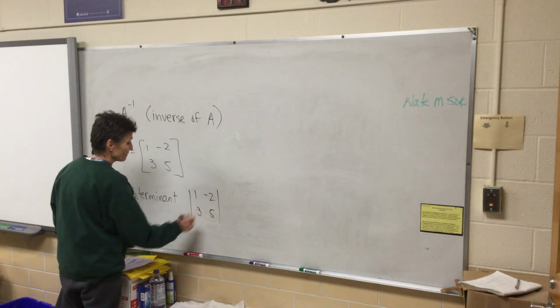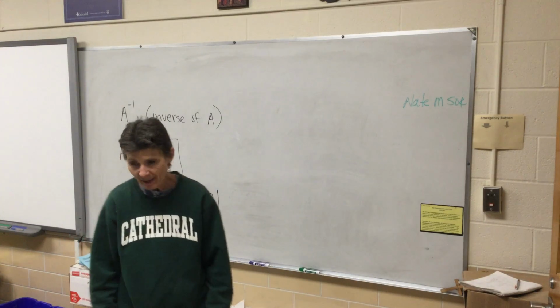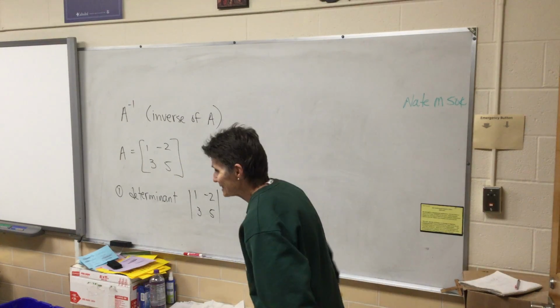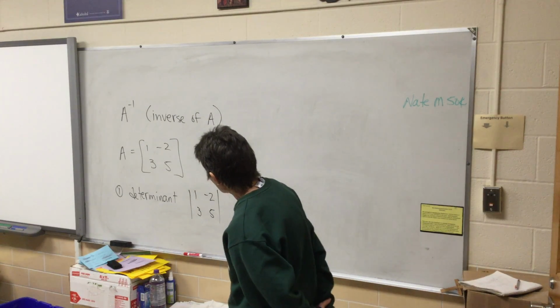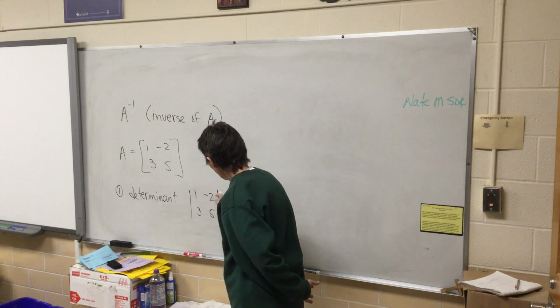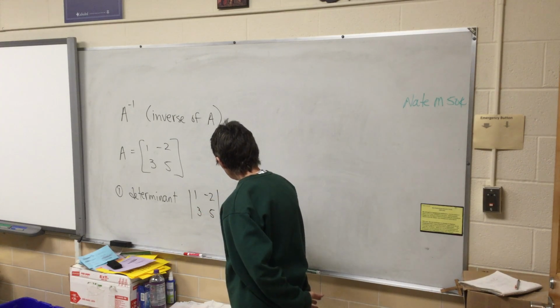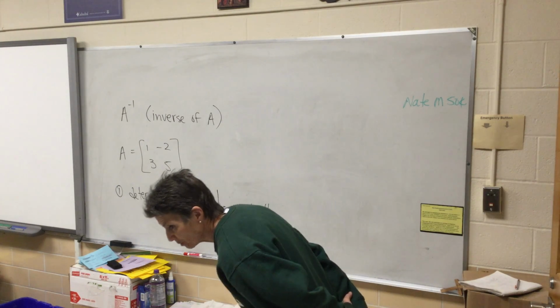Now, catch your breath. I've given you a lot of information today. Think about this. Remember, determinant is down minus up. So we're going to multiply, and then subtract. So are you good with the determinant being 11?